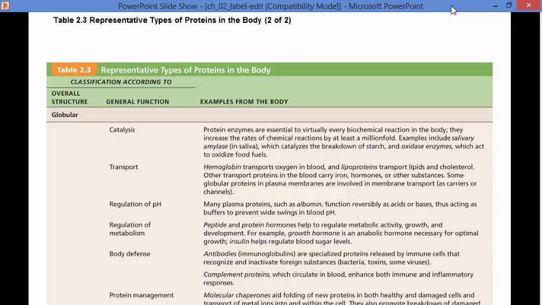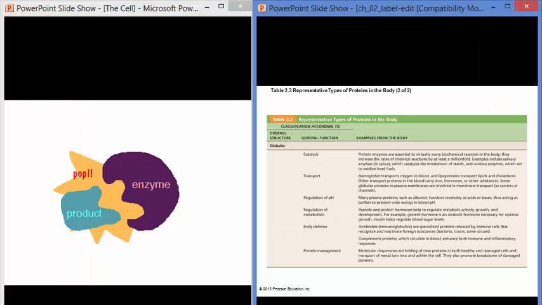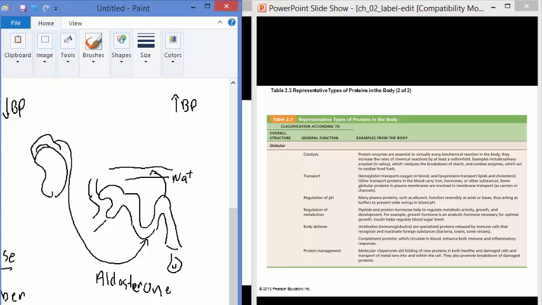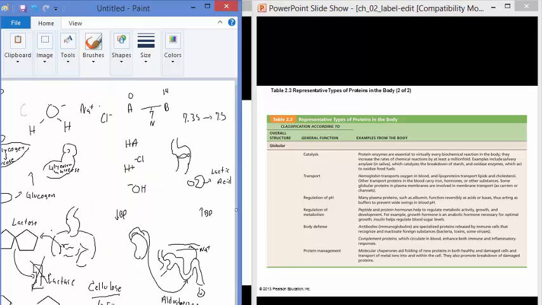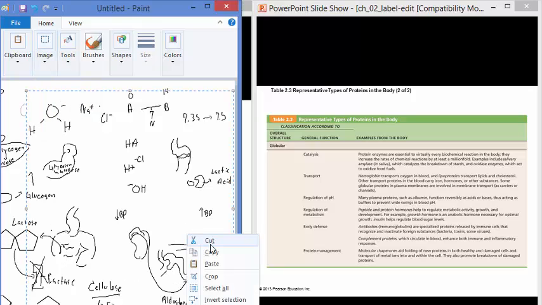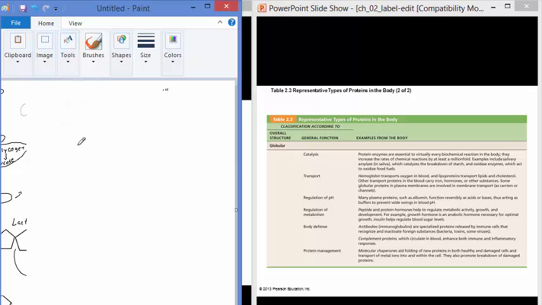And then antibodies. So when you get a vaccination, they take a dead or weakened part of the flu virus. Let's say the flu vaccine. So this would be a cell called a B cell.